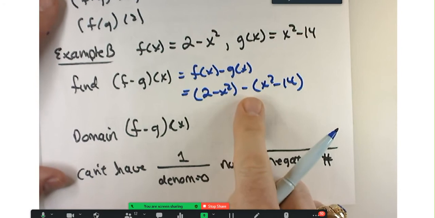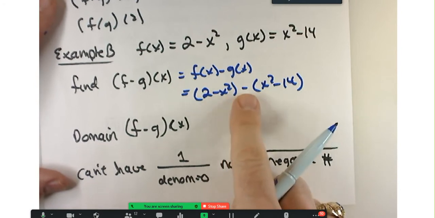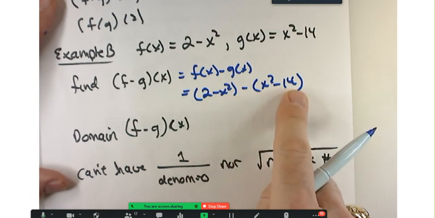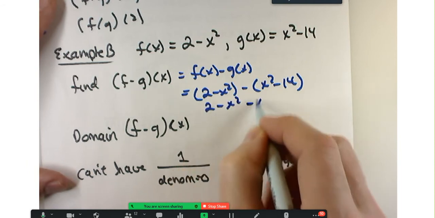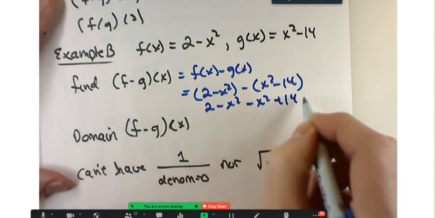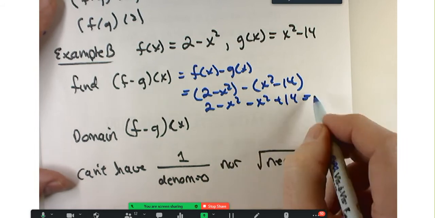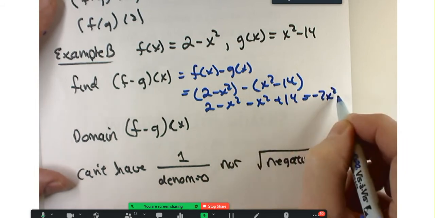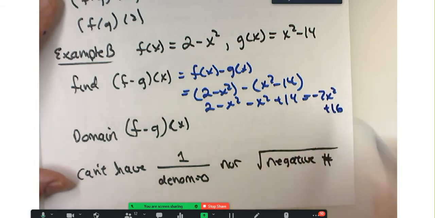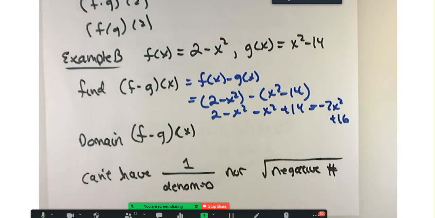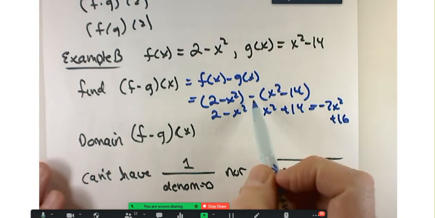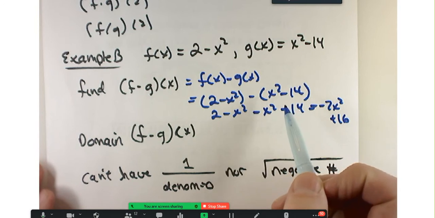Where you can easily make a mistake here is to forget to distribute the negative to both of these. So what you should end up with is 2 minus x squared minus x squared plus 14. And now when you combine like terms, you get negative 2x squared plus 16. So not too bad, but a very easy place to make a mistake is not distributing that carefully.